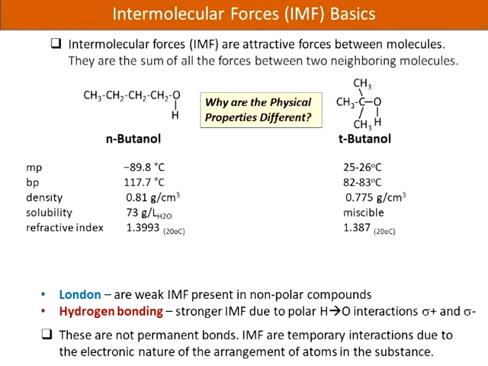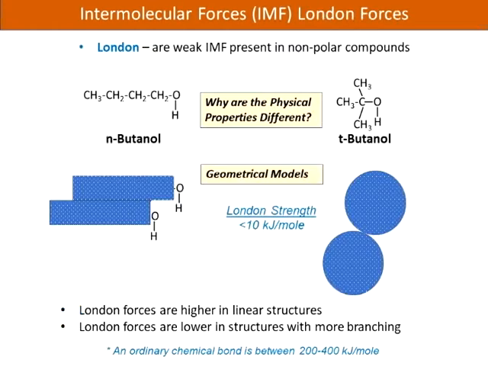In the case of the melting point difference between the N-butanol and the T-butanol, it is unlikely that hydrogen bonding accounts for this difference. It is also unlikely that there are sufficient London forces to account for this difference. Therefore, it is more likely that the geometrical shape of the T-butanol compared to the N-butanol is a major contributing factor.